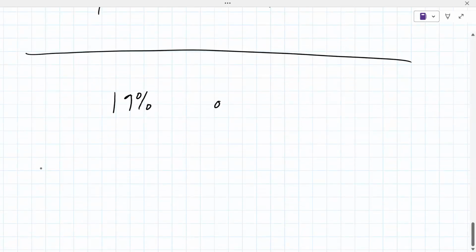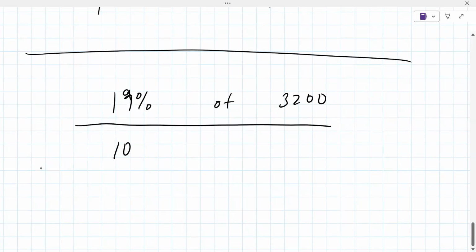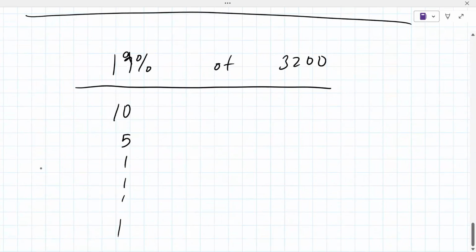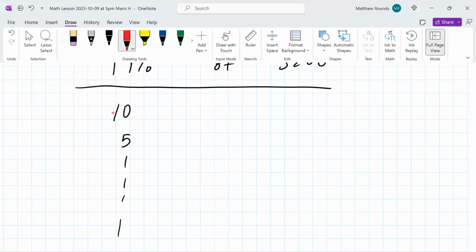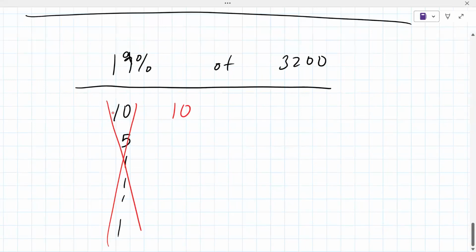Now, this approach is really useful. Let's say I wanted you to find 19% of 3,200. You could break this up into 10, 5, 1, 1, 1, and 1. But we actually would not want to do that. The better way is to do 10, 10, and subtract 1.